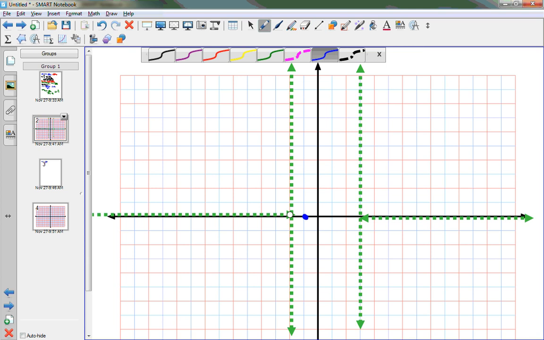Well, how in the world can I have a horizontal asymptote there on the x-axis when I have an x-intercept at negative 1, 0? I can't, right? So I know inside there I have something going on, don't I? What's my y-intercept? Puts me right there. Now what do I have to do after that? I need to find points. So what that means is that I actually need to graph this thing.